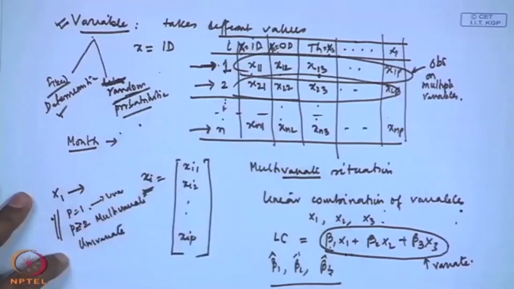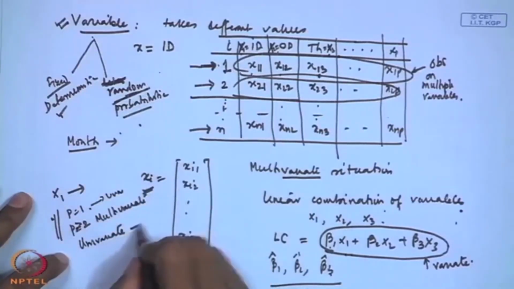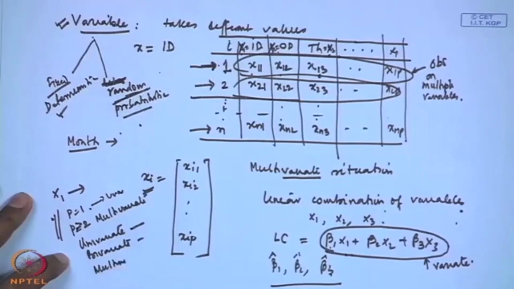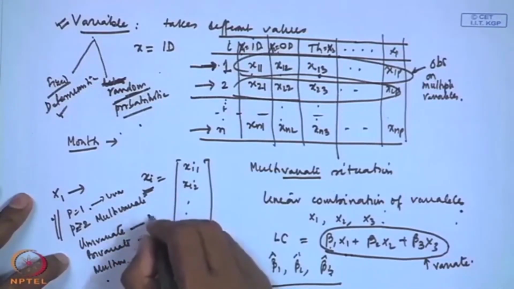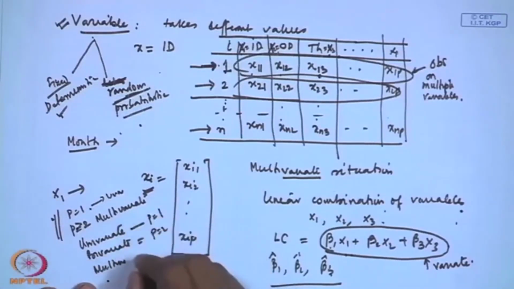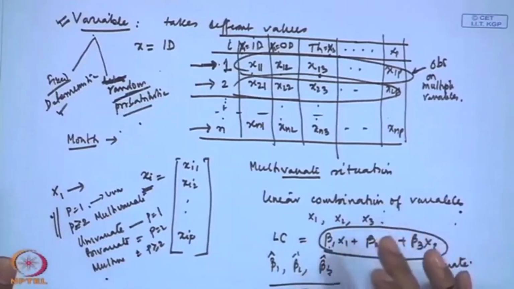For example, in terms of normal distribution, univariate normal distribution, bivariate normal distribution, multivariate normal distribution. Although bivariate is a part of multivariate, univariate means p equal to 1, bivariate means p equal to 2, multivariate is p greater than or equal to 2. So, this is what is multivariate.